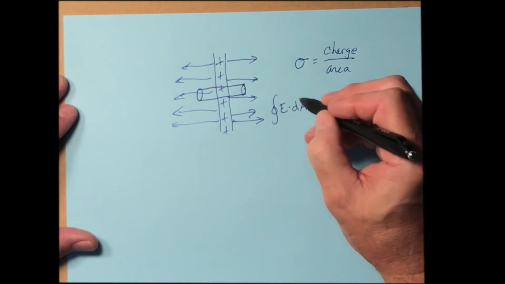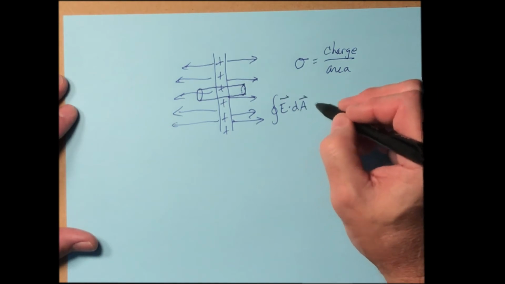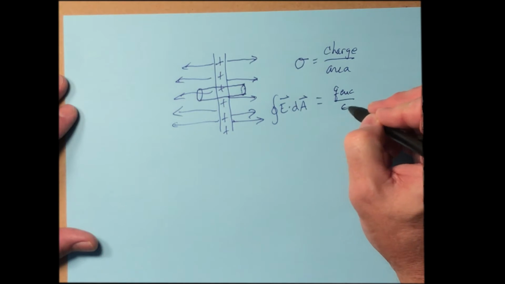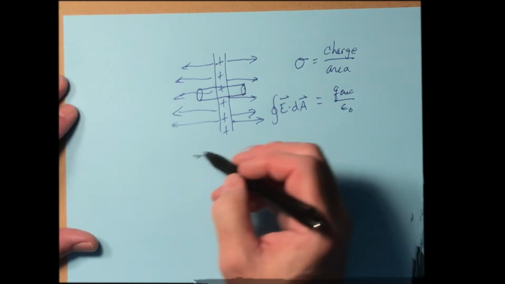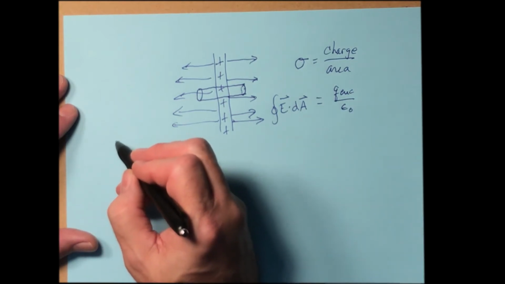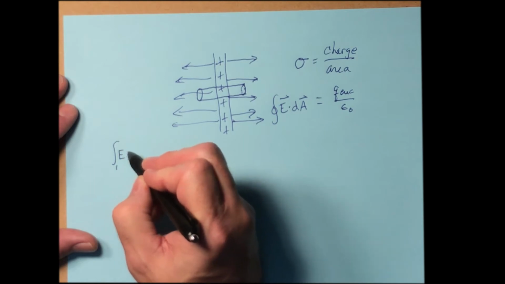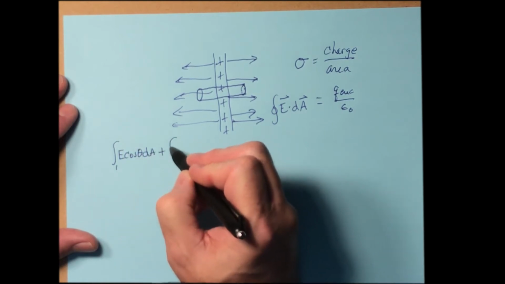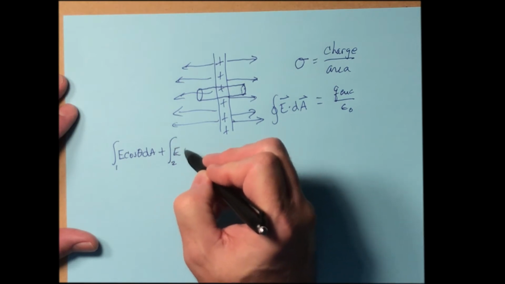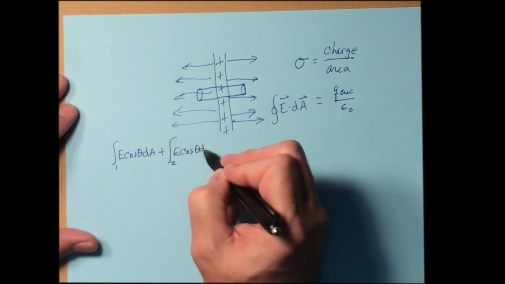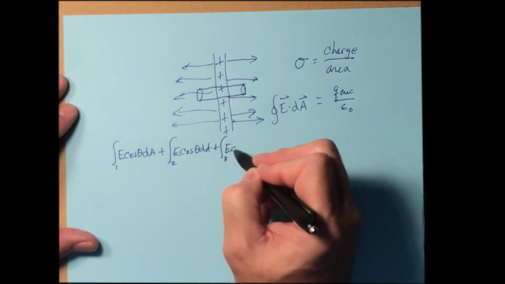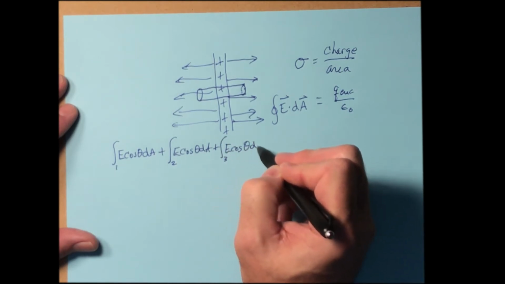We need to break that up into its components, but that's going to be Q enclosed divided by epsilon naught. So that integral becomes the integral over area 1, E cosine theta dA, plus the integral over area 2, E cosine theta dA, plus the integral over area 3, E cosine theta dA.